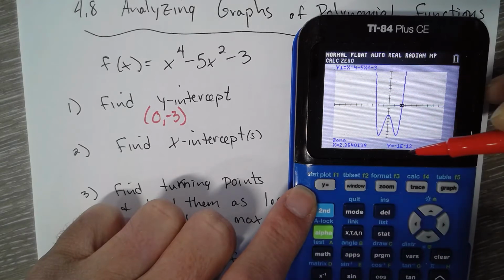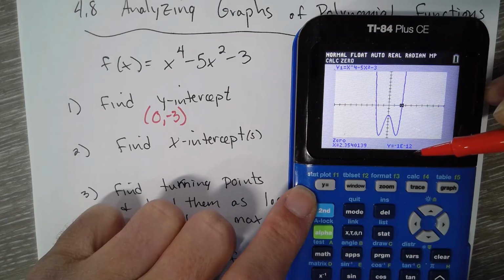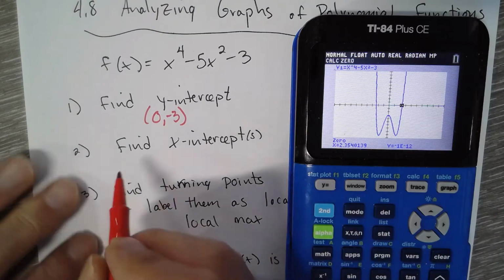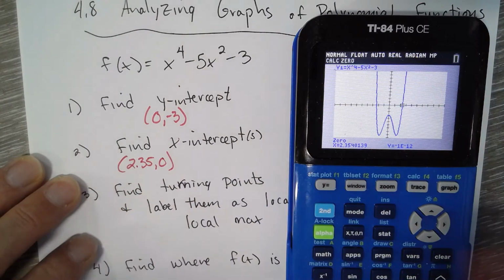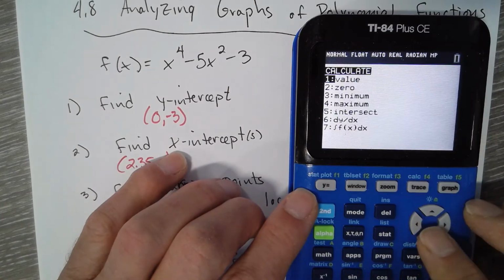And it says negative 1e to the negative 12, so that is basically 0. The calculator is rounding it off. So it's 2.35 comma 0. That's one x-intercept.